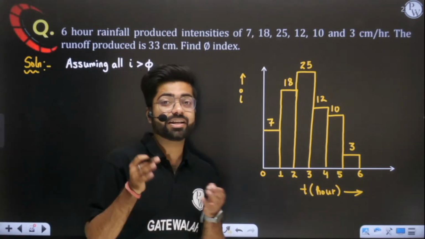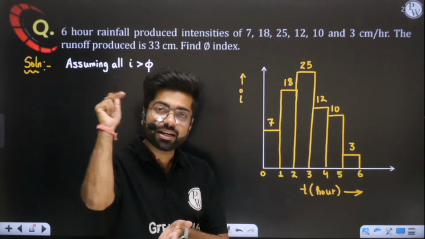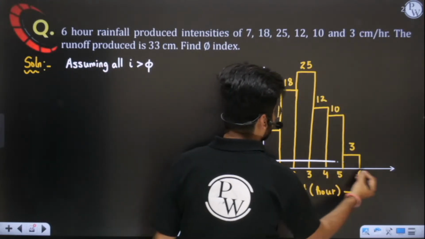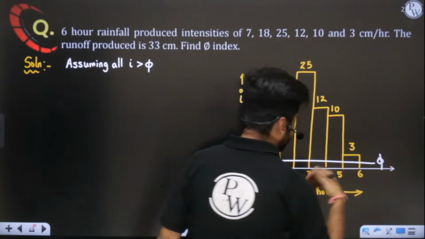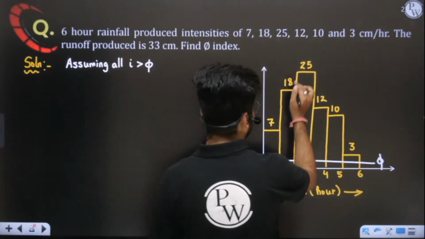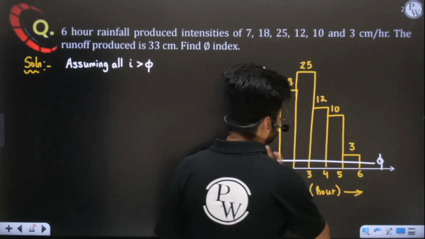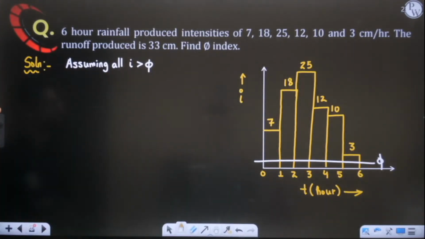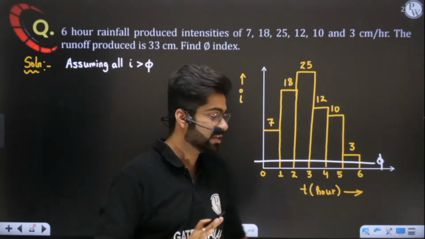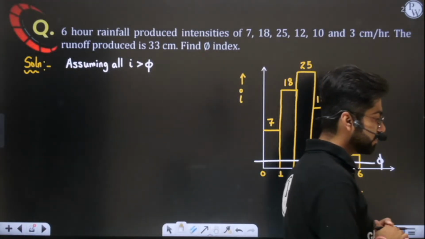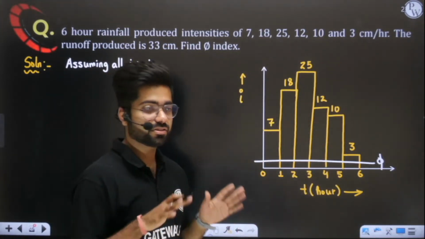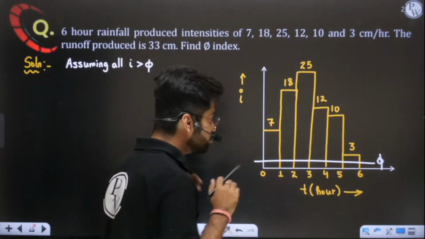Whatever phi index I get will be even less than 3, because I am assuming that phi value will be less than all the I values: 7, 18, 25, 12, 10, 3. Is this thing clear? Okay.